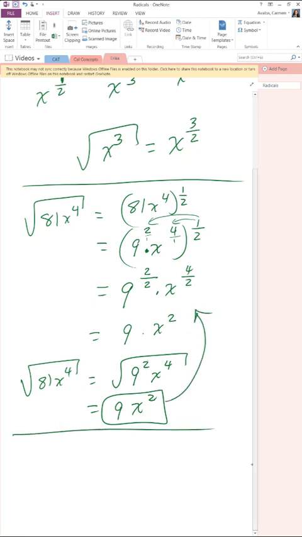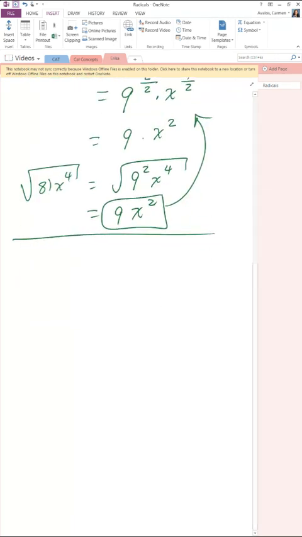Now, if we have another index, in this case let's say a 5, then we have the fifth root of 243 x to the 5th, y to the 15th. You want to try to make the coefficients in terms of a 5th root. That's your goal. Sometimes you can, sometimes you can't.